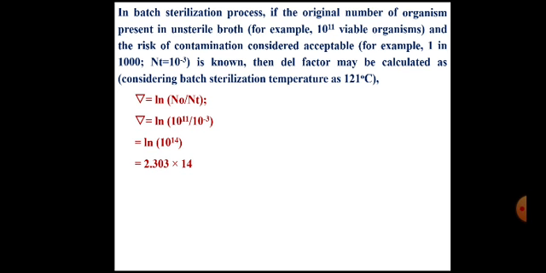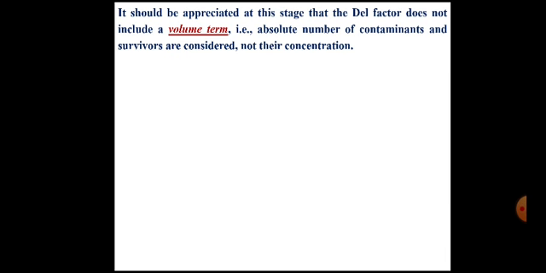When this natural log is converted to log to the base 10, there will be a multiplication factor, that is 2.303. So it will be 2.303 into 14, and therefore the overall Del factor required for the killing of 10 raised to 11 viable cells is 32.2. And considering this value of 32.2, now we can calculate the holding.